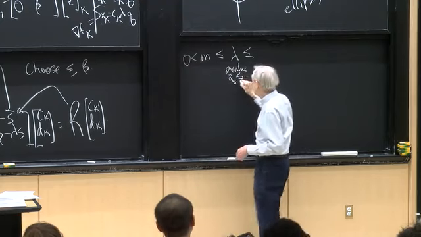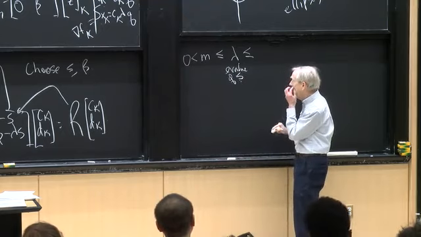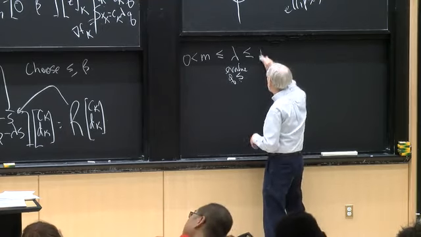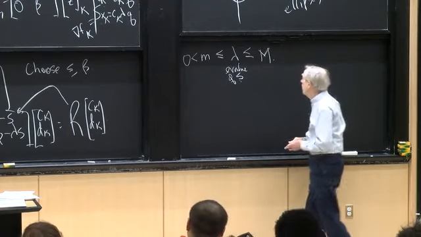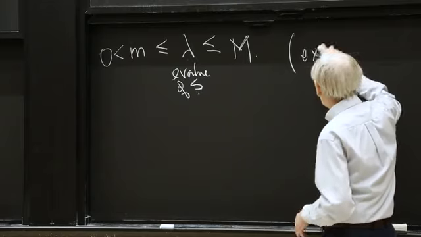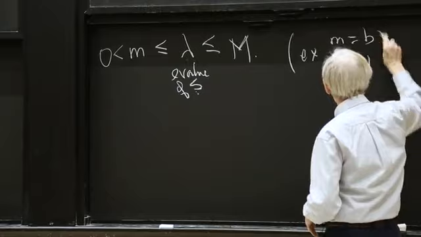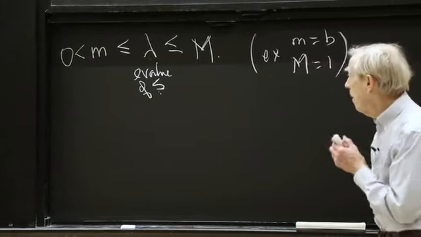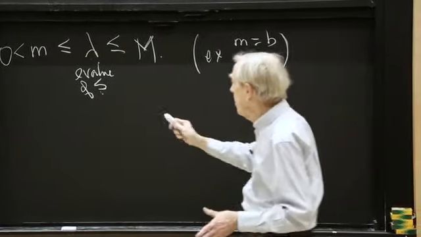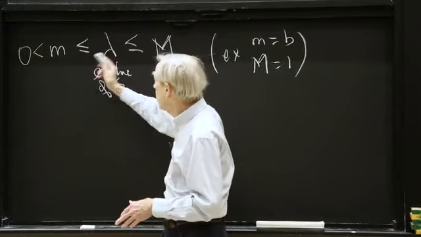This is a symmetric positive definite matrix, with a lower bound and an upper bound. For example, m was b and M was 1 in that 2 by 2 problem. And this is what we know, that the eigenvalues are between m and M.